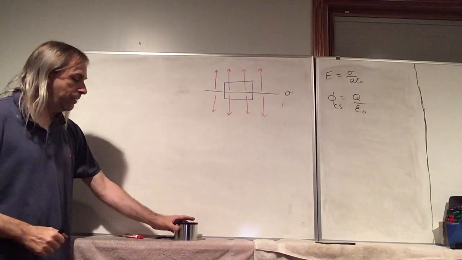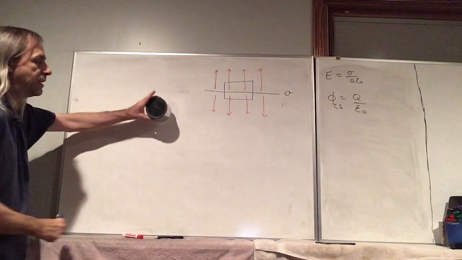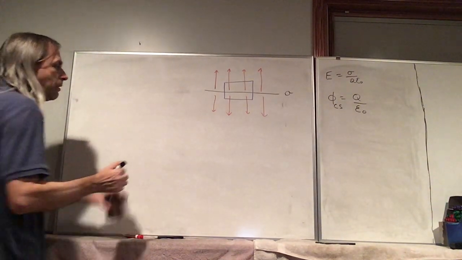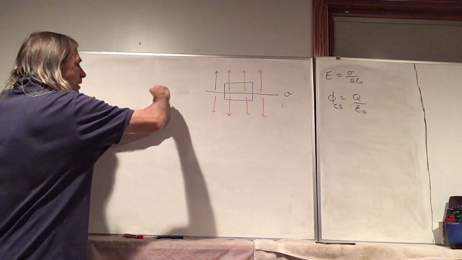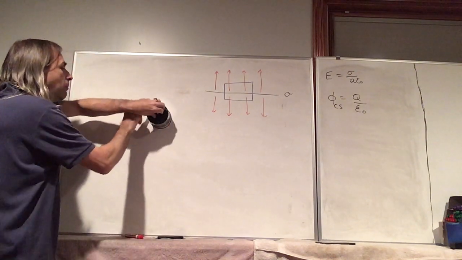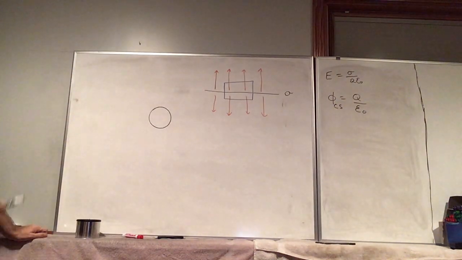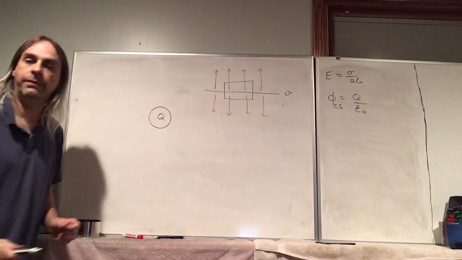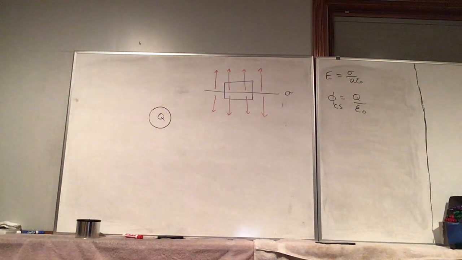So basically, if this is our surface, the charge would be how much charge is in here. So what charge is in there? That would be the Q. There's a lot of charge outside. We don't care about that, like we talked about earlier. That's not a factor in Gauss's law.